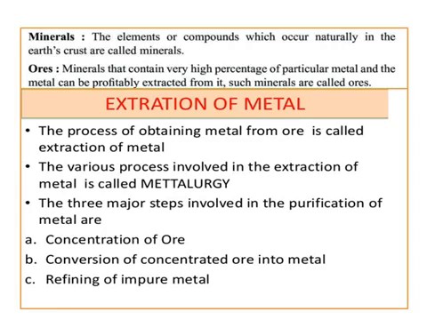A summary of the several steps involved in the extraction of pure metals from their ores is given in the following slides in the form of a flow chart, and you can understand it well as we take each and every case of this.